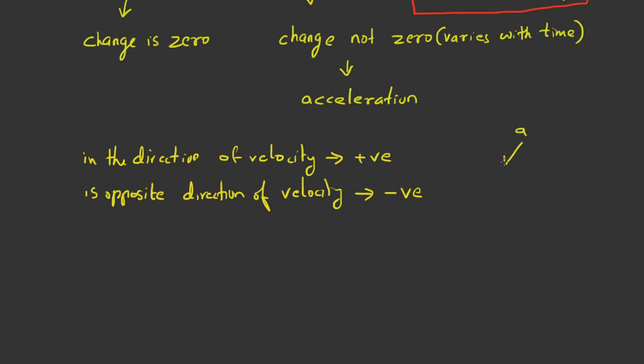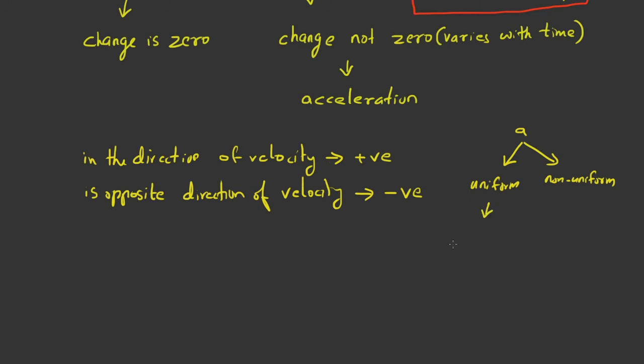The negative acceleration is also called deceleration. Acceleration can also be uniform and non-uniform. In a straight line motion, if the velocity increases or decreases by equal amounts in equal intervals of time, then the acceleration of the object is said to be uniform.